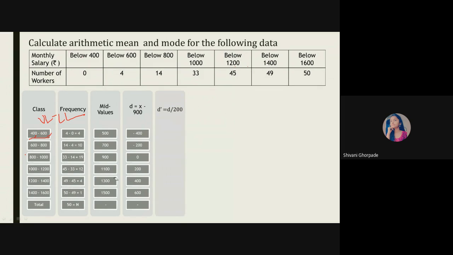This is d divided by 200. So first, minus 400 divided by 200, so it's minus 2. Next one is minus 200 divided by 200, it's minus 1. 0 divided by anything is always 0.